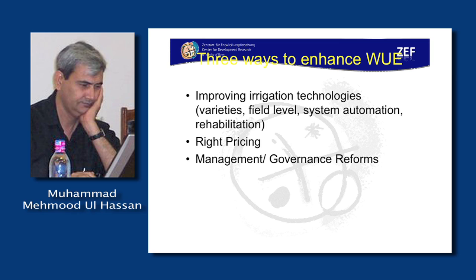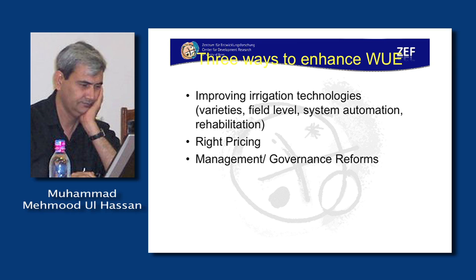The other one, as we talked in the morning, is allocative efficiency, pricing the resource right and using it as a mechanism to achieve efficiency. And the third, management or governance reform in irrigation, where I put a slash between management and governance, because my colleagues in water research are usually confused between them and tend to substitute these 2 words for the same thing.